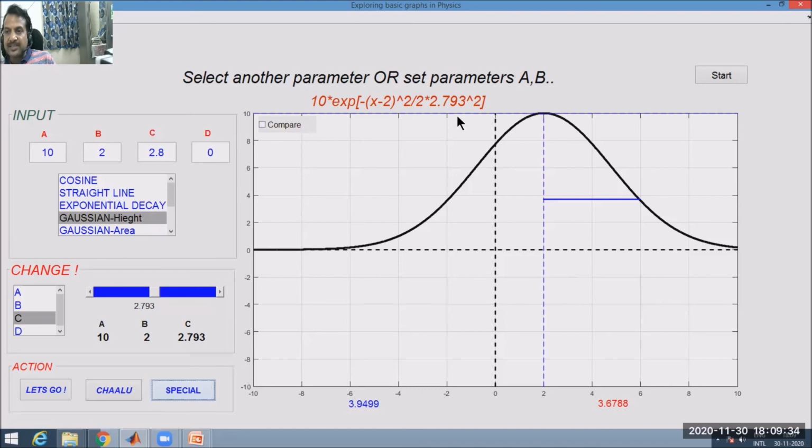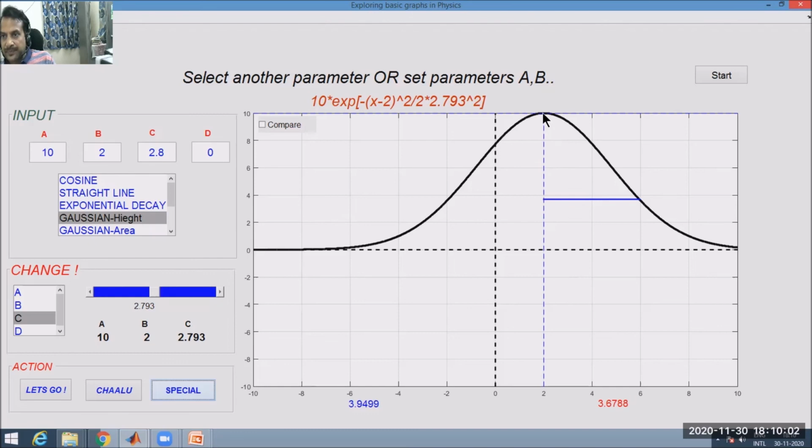And C is related to width. Now, when we deal with Gaussian or exponential kinds of functions, the metric we use is at what value of x the function value becomes 1 by e of the maximum value. For example, in this function the maximum value is 10, so 10 by e happens to be 3.68, somewhere here.